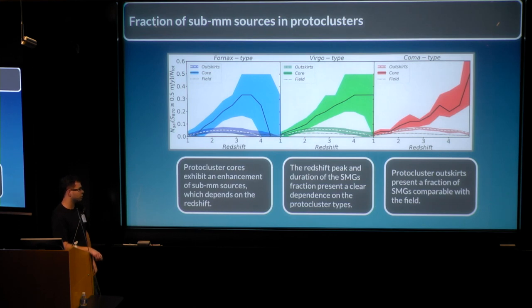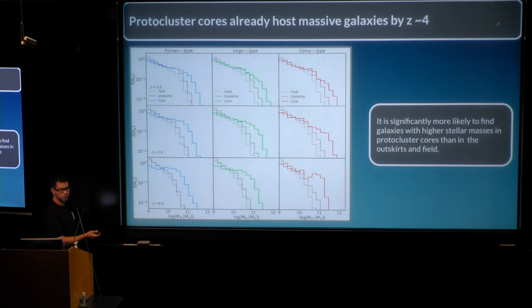Also, protocluster outskirts galaxies present a fraction of SMGs in the outskirts and the field that are very comparable, very similar between them. So why do we obtain those? What are the galaxy properties that generate this trend?